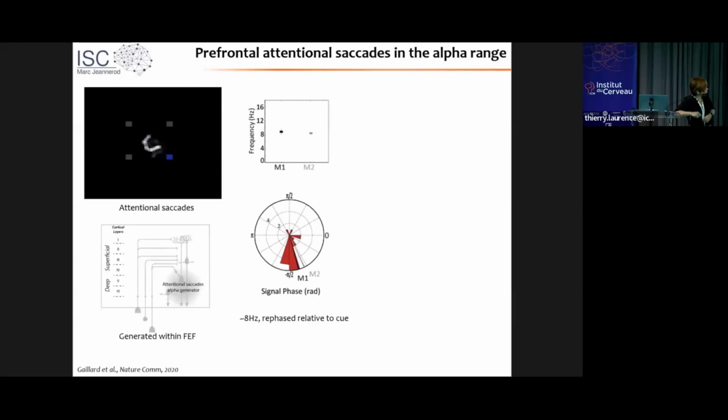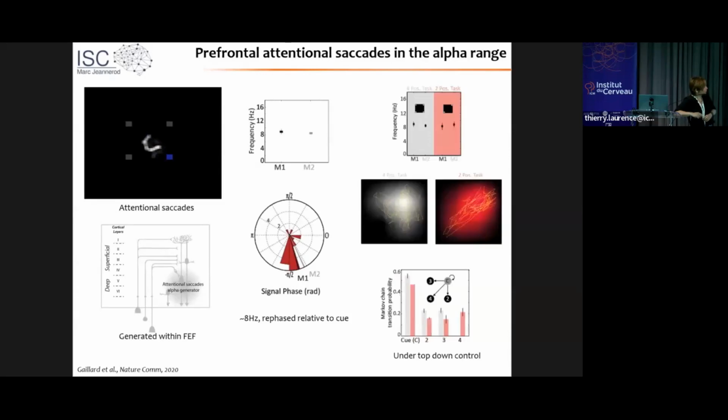We have also shown that these saccades seem to be generated within the frontal eye field, which is indeed the source of covert spatial attention. In addition, we show that these saccades are under top-down control.